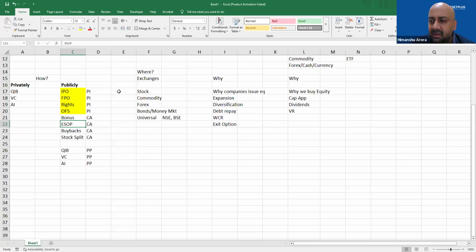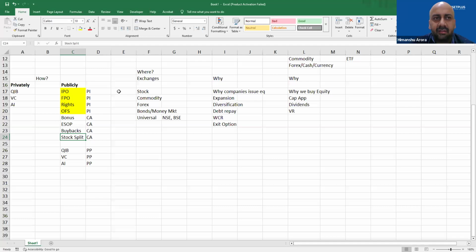Whenever a company's employees receive shares from the company, this is called employee stock ownership plan. This is not even a public issue, even though it's a corporate action. In the case of a buyback, the company is not raising capital, rather the company is buying back the securities.